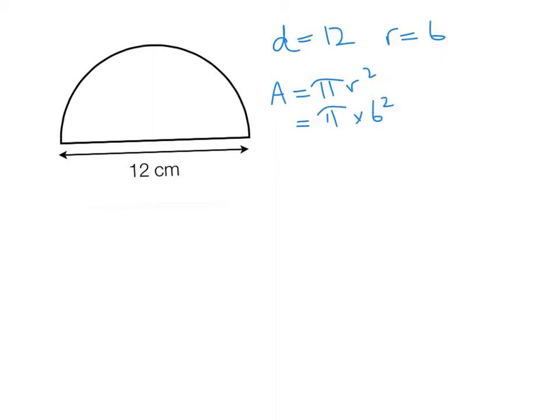Okay, I'll put that in my calculator. That gives me 113.1. And again, because it's half a circle or a semicircle, I have to divide that by 2. So 113.1 divided by 2 is 56.5.